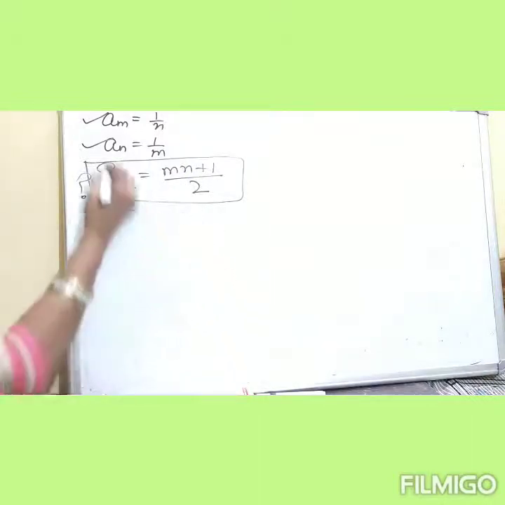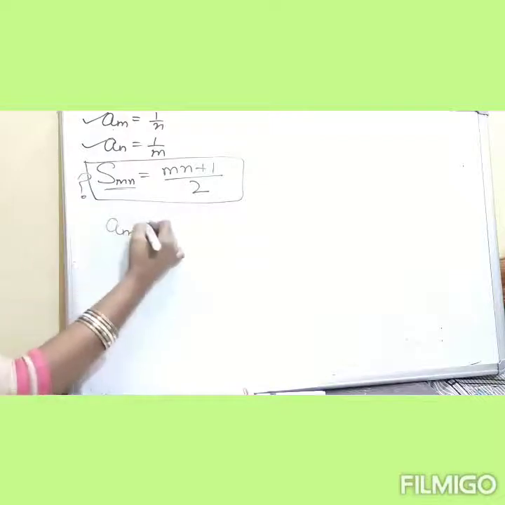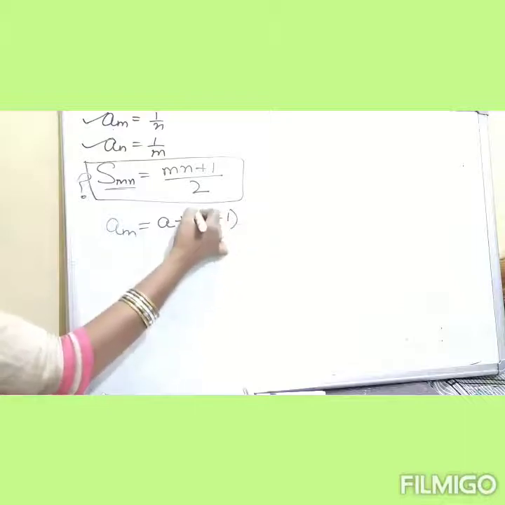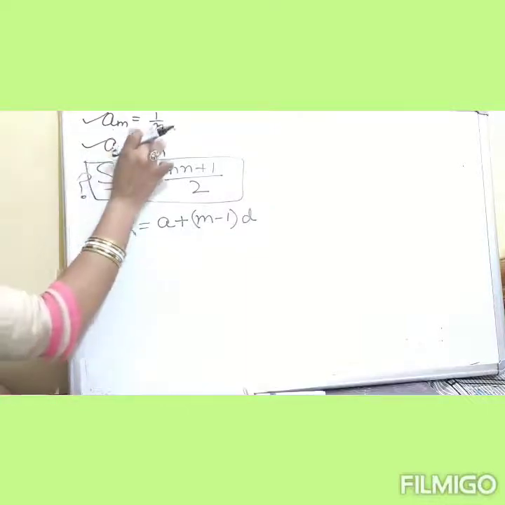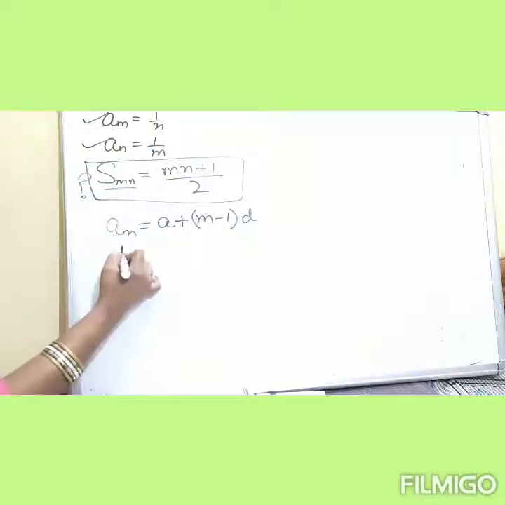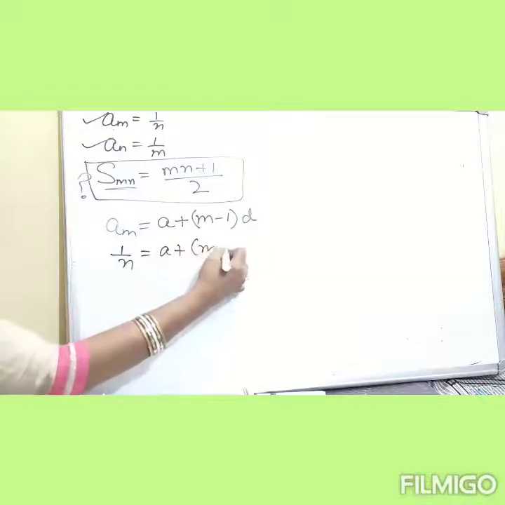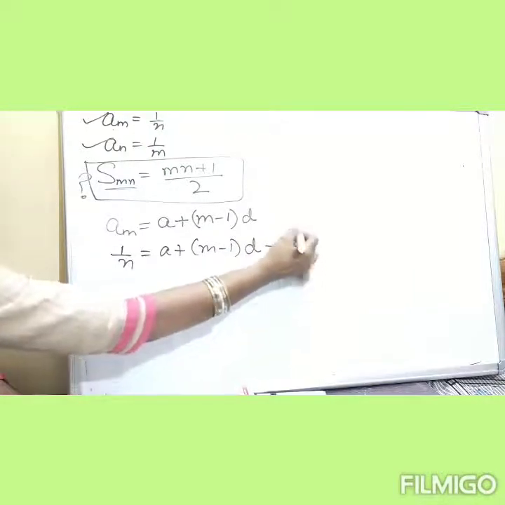You all know that according to that formula, the mth term should be equal to a plus (m minus 1) into d, and this is given in the question as 1 by n. So I'm putting the value of the mth term here: 1 by n equals a plus (m minus 1) into d, and this is our equation number 1.